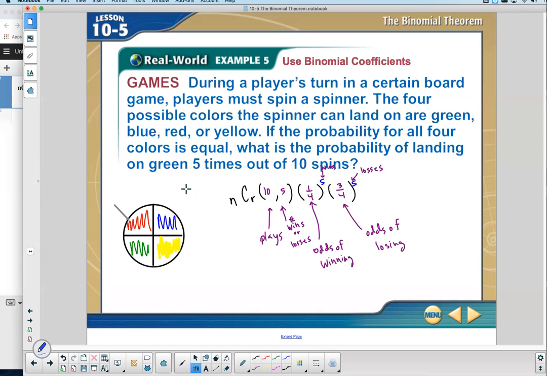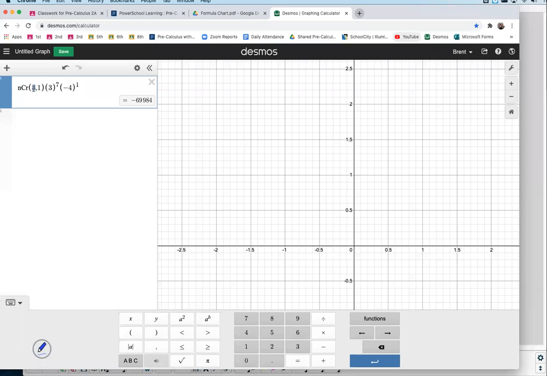This will give us the probability of landing on green 5 times out of 10. So we go to our calculator. We play this 10 times. We win 5 times. The probability was 1/4 for those 5 wins. We lose 3 out of 4 times statistically. But we need this to happen only 5 times.